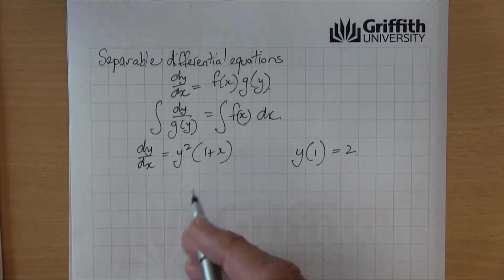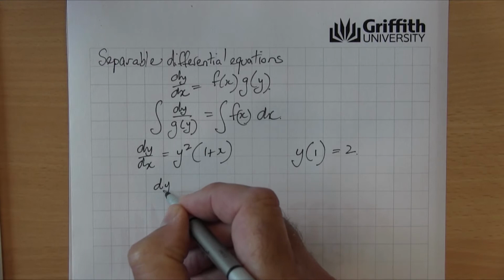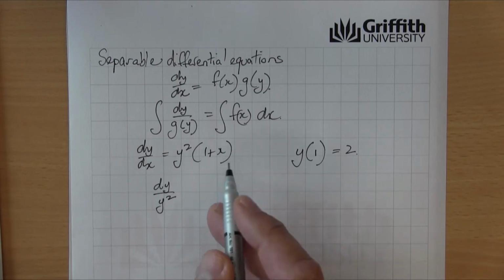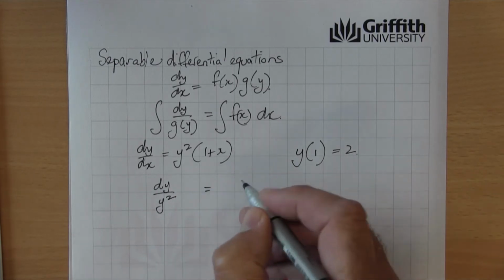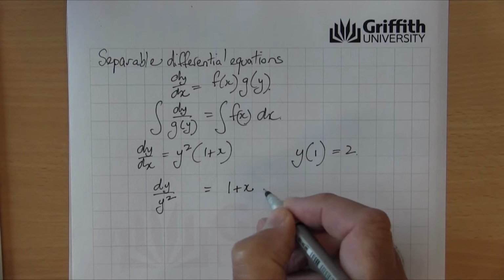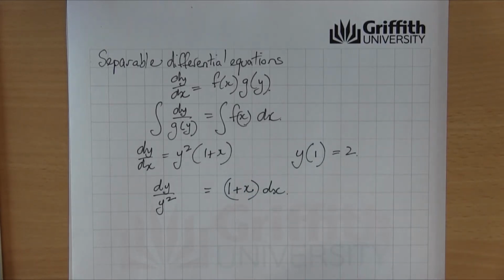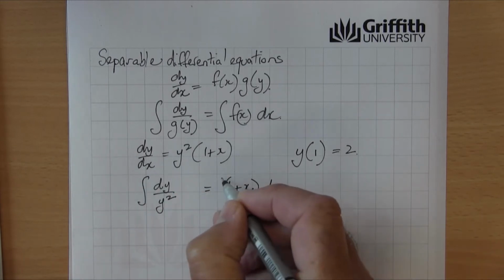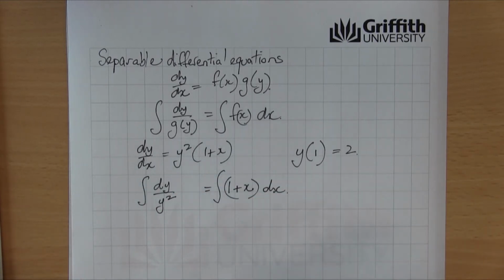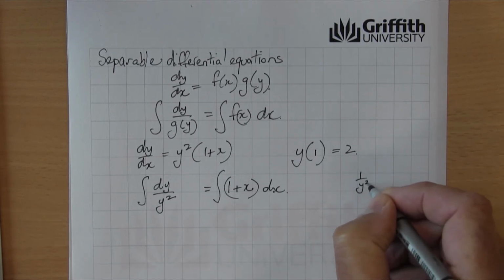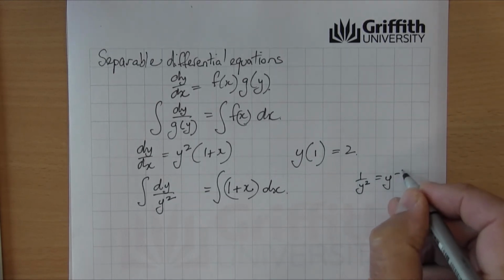We'll bring the y squared to the other side, so dividing both sides by y squared, we've got dy over y squared, and then multiplying both sides by dx, that is equal to (1 plus x) dx. We can now integrate both sides, and 1 on y squared, don't forget, is equal to y to the minus 2.